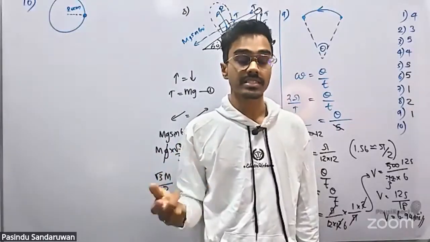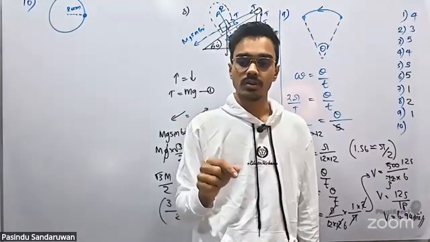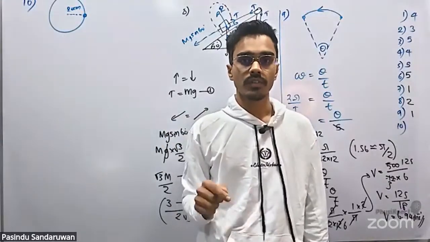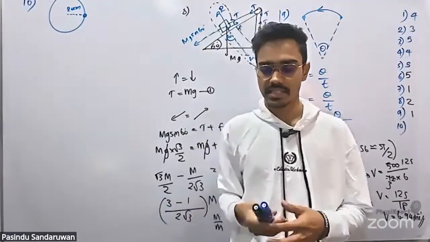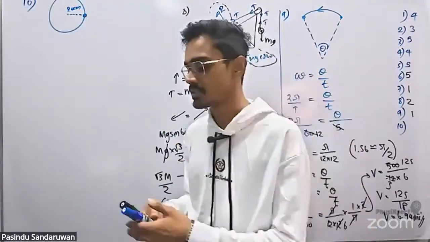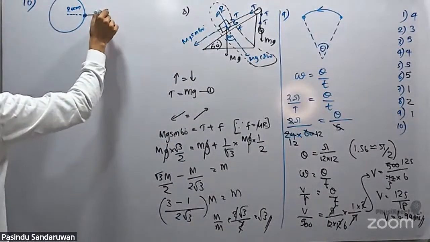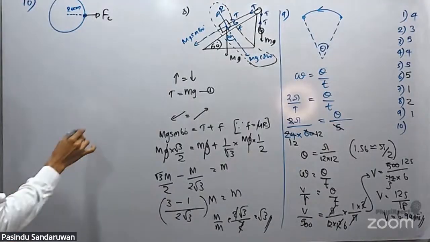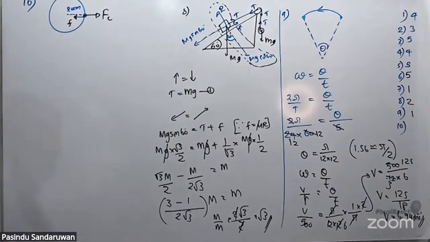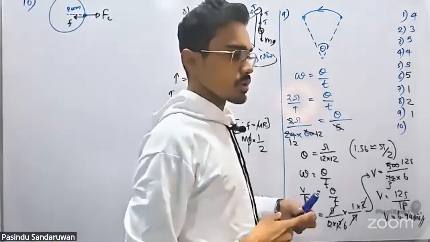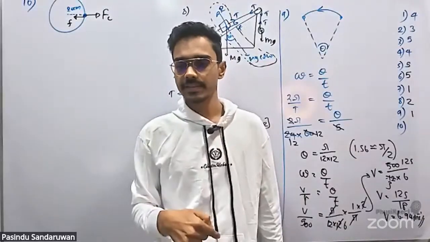So we know when it travels in a circular motion, a centrifugal force always exerts. The direction of centrifugal force is away from the center. To counterbalance it, friction should be towards the center.